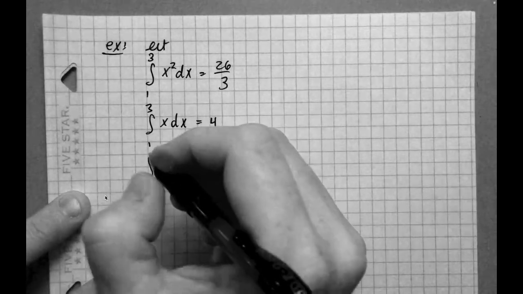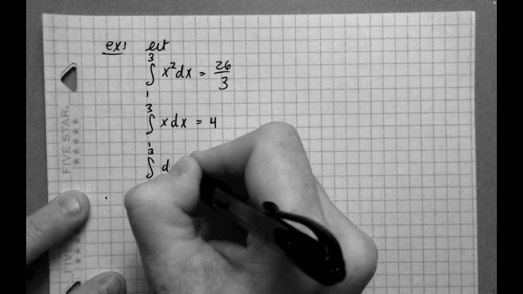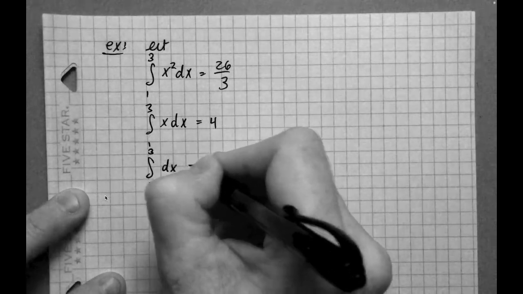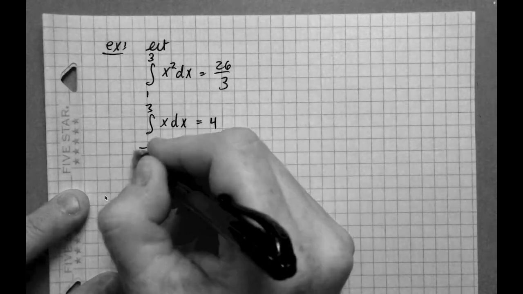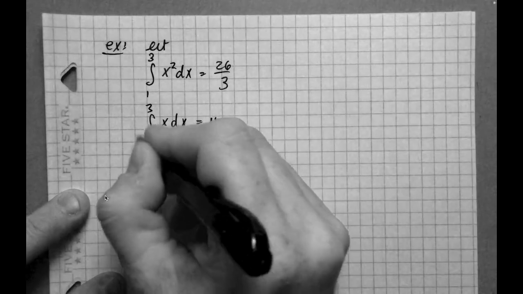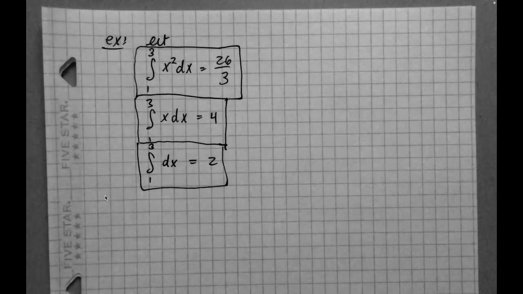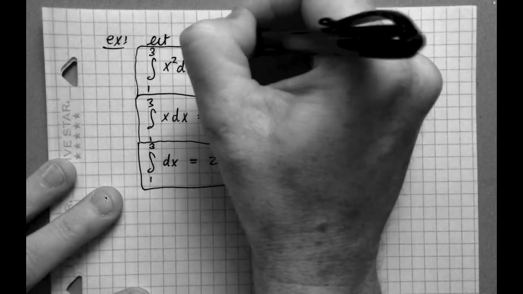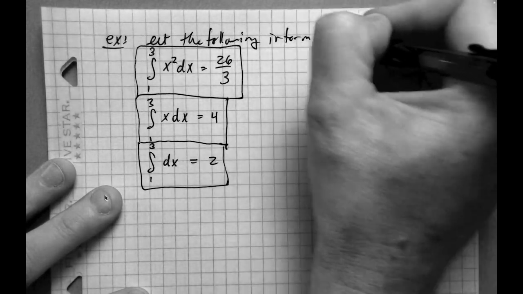And let's say that the integral from 1 to 3 of 1 dx is equal to 2. So you've got these three facts, we'll say in air quotes. Let the following information be given.